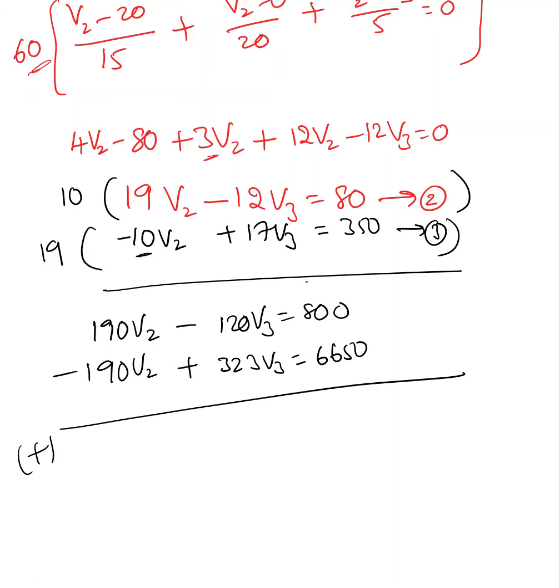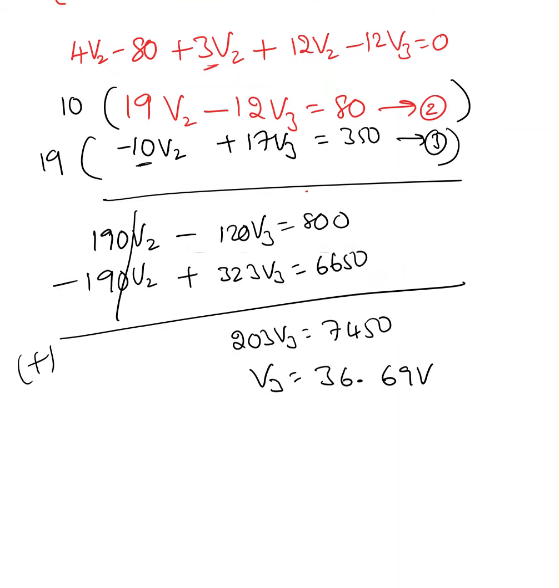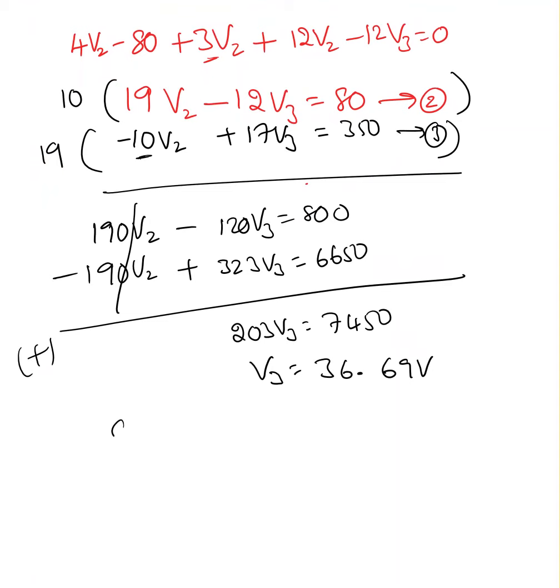Okay, now if I add these two equations, I will end up with 203 V3 equal to 7450. Okay, end up with V3 equal to 36.69 volt.